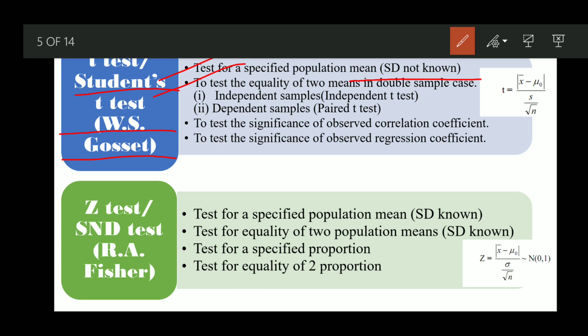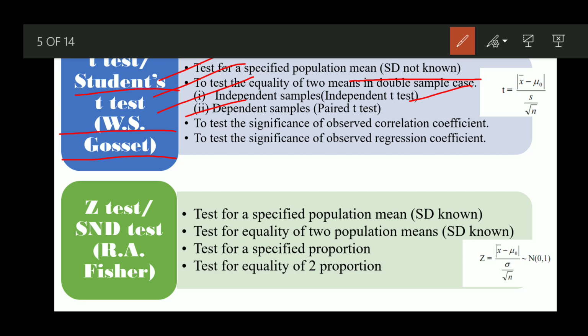Next is to test equality of two means. Here we have two categories: independent sample and dependent sample. If you are dealing with two independent samples and you want to test equality of two means, in that case you are dealing with a small independent t-test.